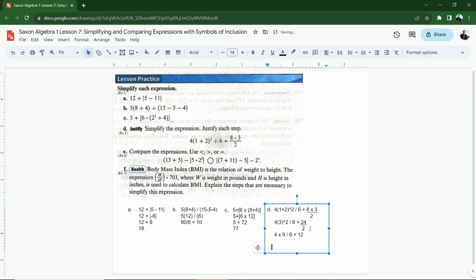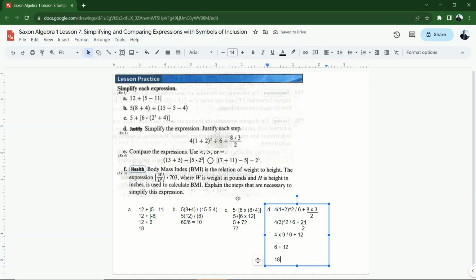All right. Now I'm going to multiply and divide from left to right. Please excuse my dear Aunt Sally. So 4 times 9 is 36, divided by 6 is 6. This is going to be 6 plus 12. And then I'm going to do addition from left to right. 6 plus 12 is 18. So the answer here is 18.